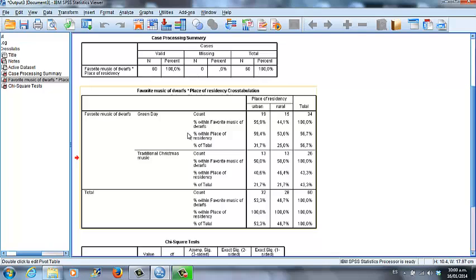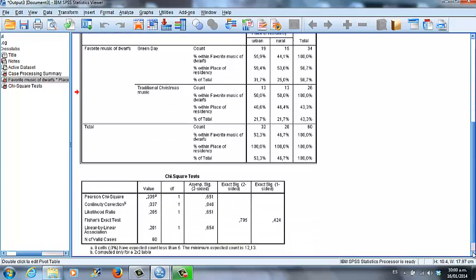The third row gives us the percentage within place of residence. This means that within those who live on the urban side, 59.4% listen to Green Day and 40.6% listen to traditional Christmas music. The final percentage is the percent of total, which means that those 19 dwarfs correspond to 31.7% of all the dwarfs of our study sample, which means of the 60 dwarfs we have.